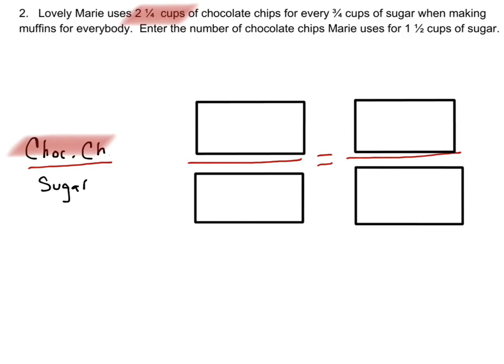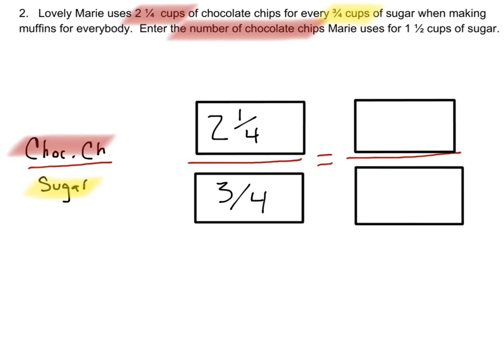So that's 2 1/4 equals, yellow for sugar, 3/4 cups. 3/4 equals, enter the number we're looking for.